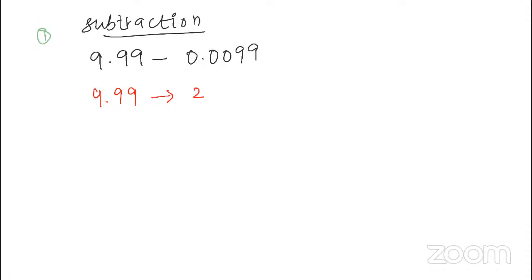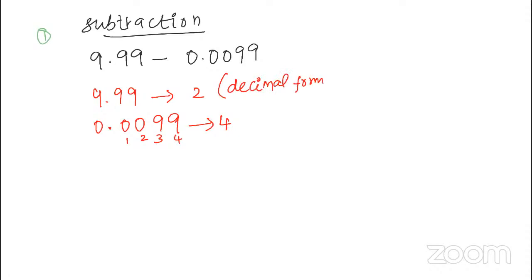Okay, then check the next one, 0.0099. So here after the decimal point, how many digits? It is 1, 2, 3, 4. So in this case, it is 4. So these are all decimal forms. Okay, that is the decimal point.